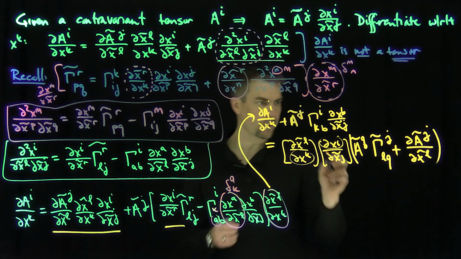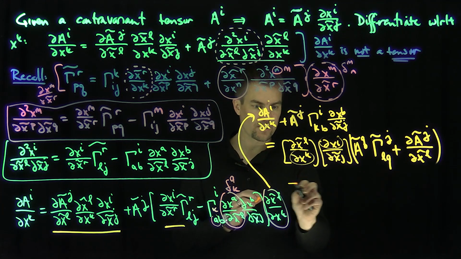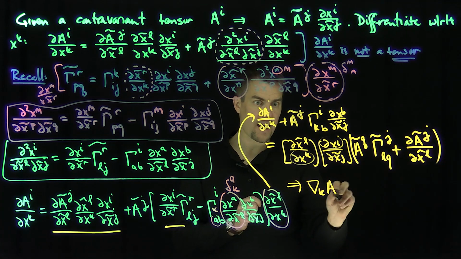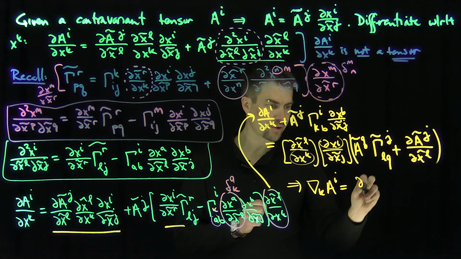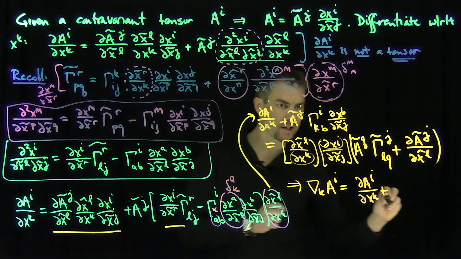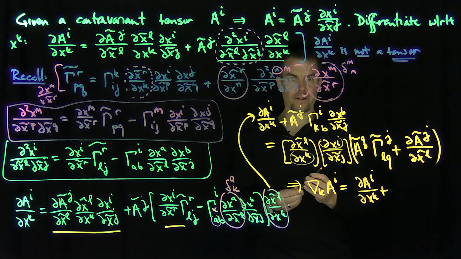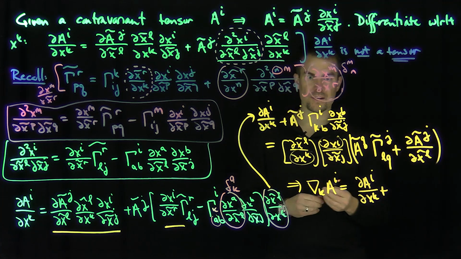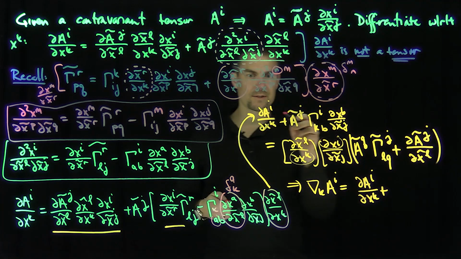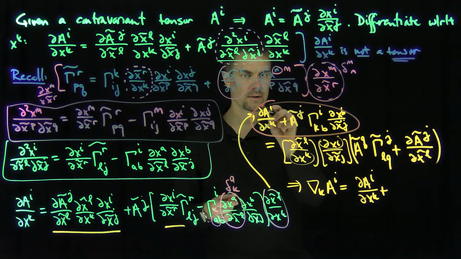This shows that this quantity, so we have this tensorial relationship now. And so this implies that the expression delta K of AI, which by definition is partial AI, partial XK, plus what? And then the last thing we need to do is change this thing over here, right? But now I can use the what? So now the last thing to do is to take this and observe that this is really what?